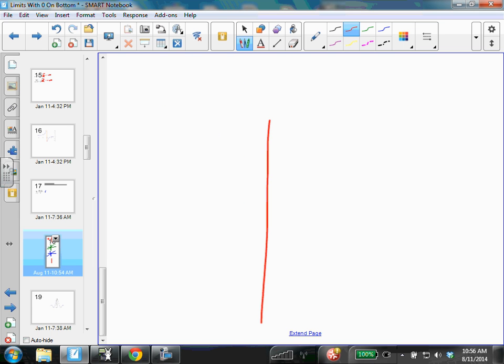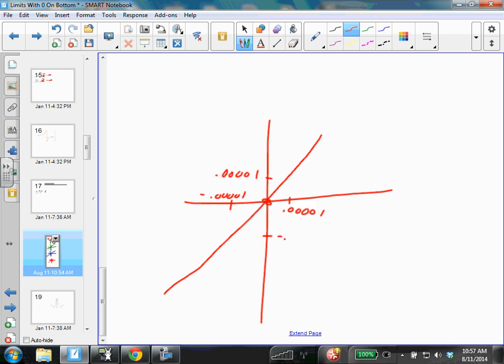Yeah, if you zoomed all the way in on the sine function, what you would end up with is something that almost looked like a straight line, where this would be like 0.000. Okay, so all of these points are really, really small.